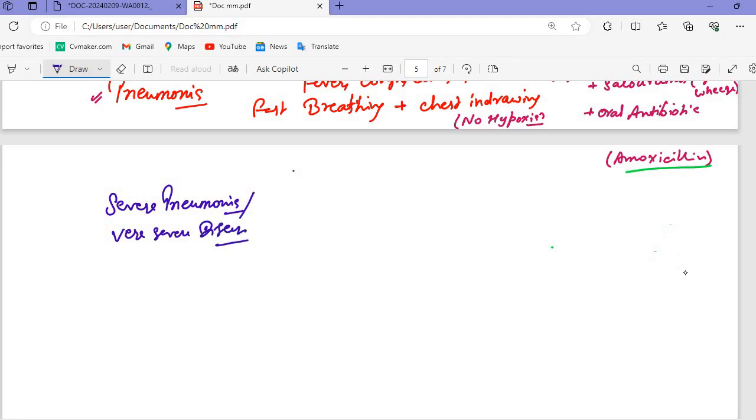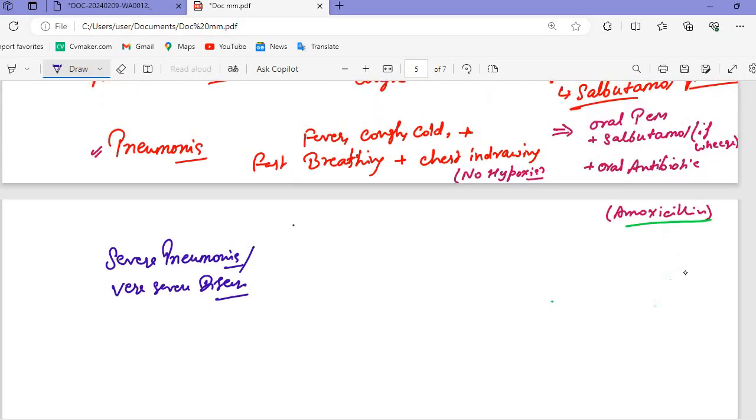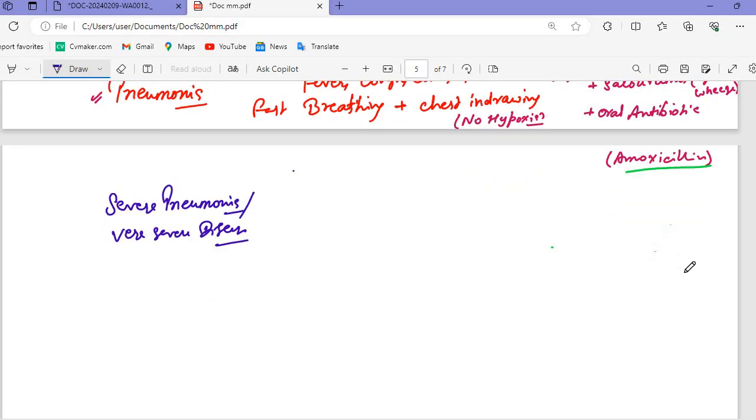All these symptoms will be there: fever, cough, cold, fast breathing, chest indrawing, but in pneumonia there was no hypoxia, no oxygen requirement. Here hypoxia will be there, and the oxygen saturation, SpO2, will be less than 90%, and the person will have stridor in the calm child.